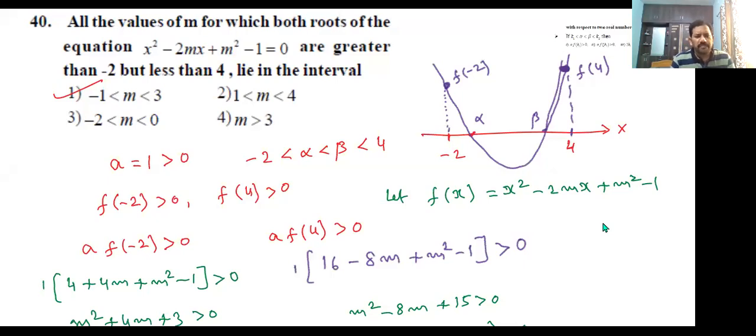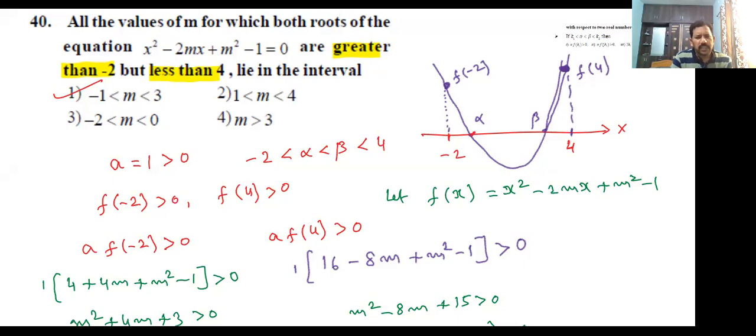Read the question carefully. Both the roots of the equation are greater than minus 2, less than 4. All the values of m for which both the roots of the equation are greater than minus 2, less than 4.